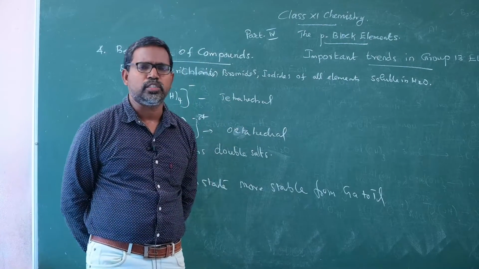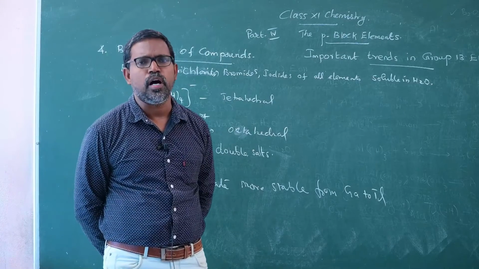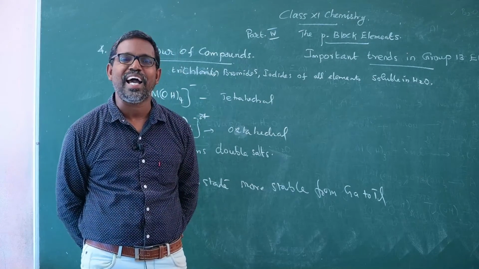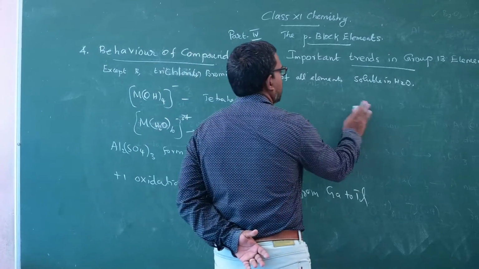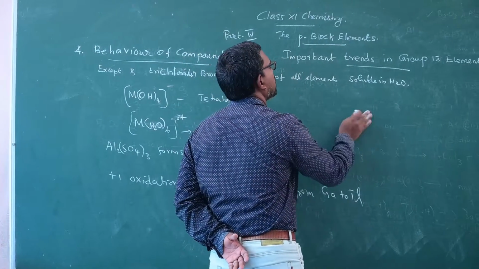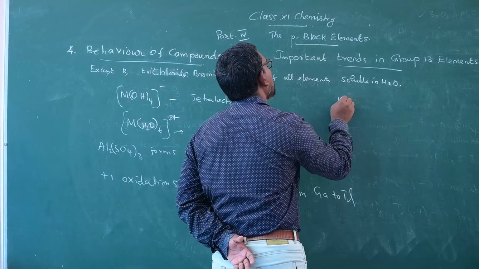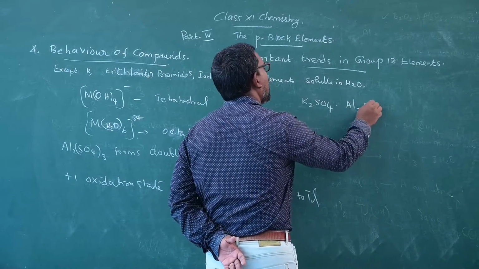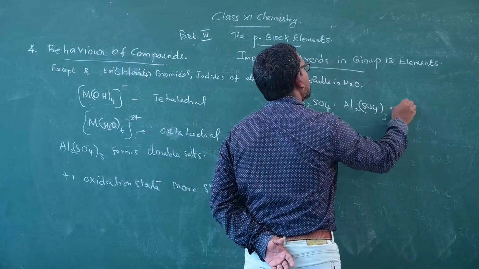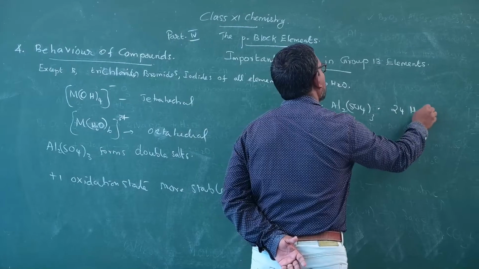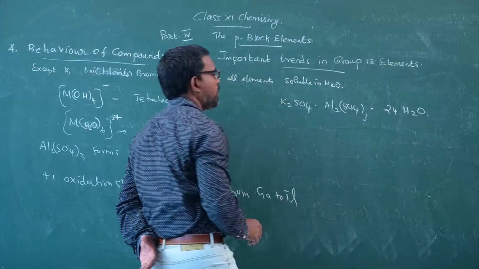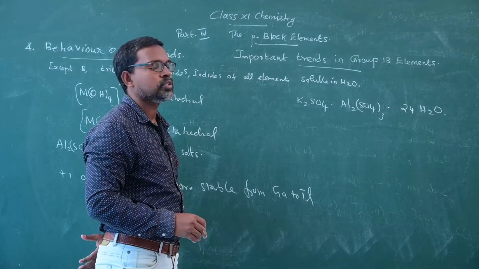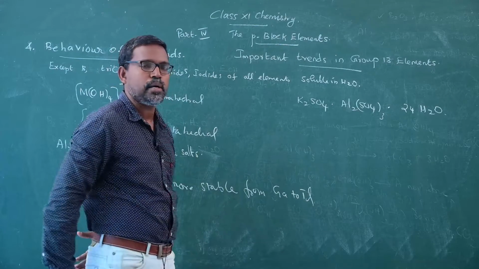Aluminium sulfate has a greater tendency to form double salts, especially alums. For example, it forms an alum with potassium sulfate: potassium sulfate, aluminium sulfate, 24 molecules of water. This alum is a double salt.